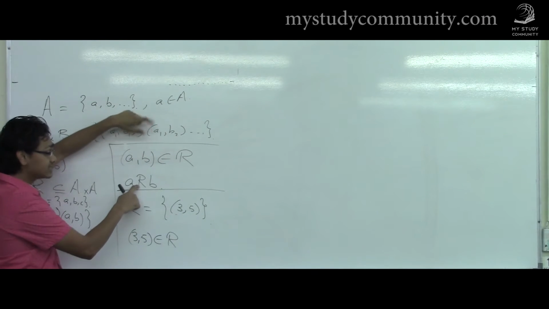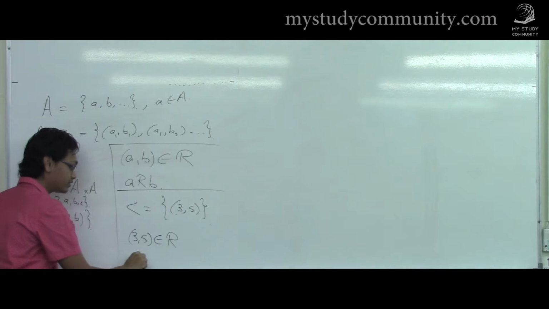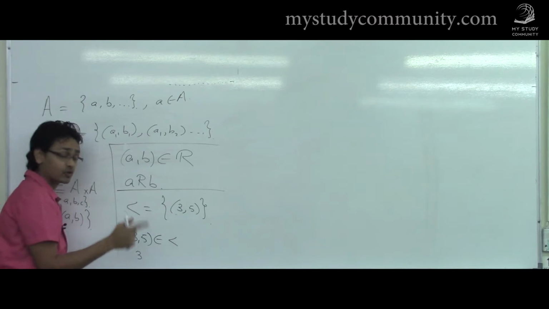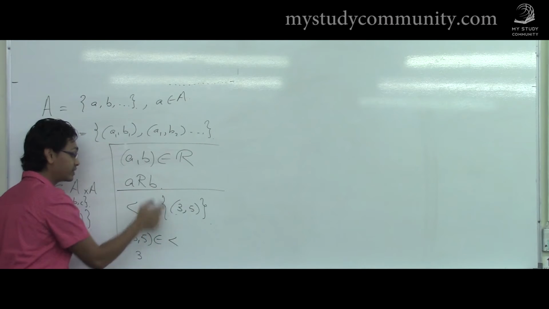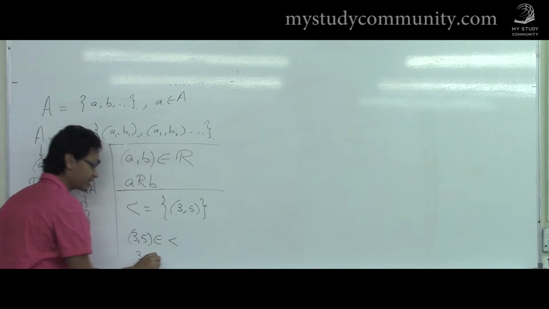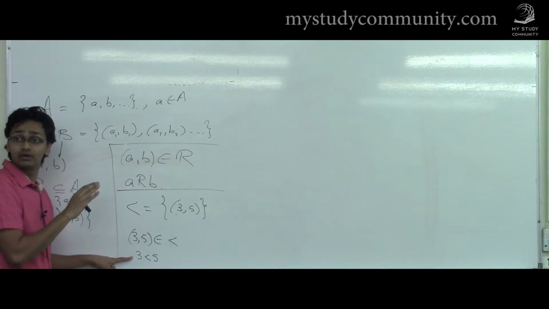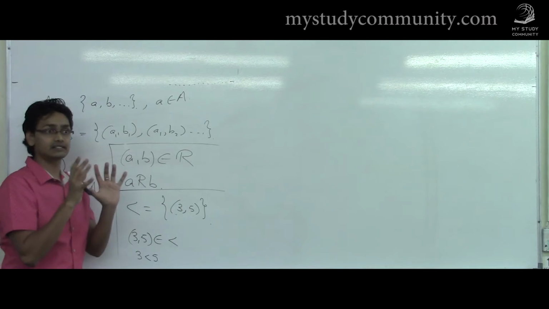Or I could write it in this form, where the relation is not R, the relation is less than, yes? Or I could actually write a related to b, which is 3 less than 5. And this is what you all know. You all follow? So that is our context.